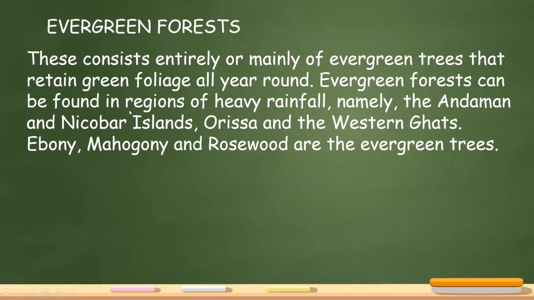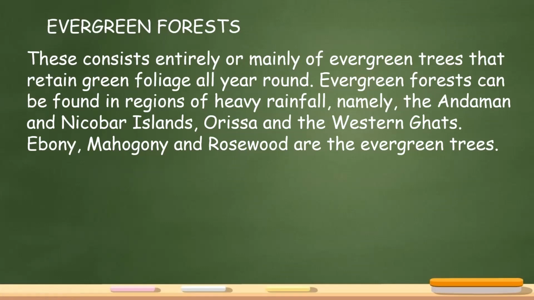So let's understand what evergreen forests are once again. These consist entirely of evergreen trees. Evergreen trees means that the leaves of the tree are green throughout the year, that retain green foliage. Foliage means the leaves of the plants collectively.